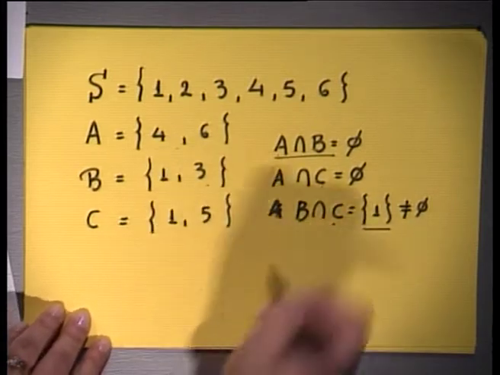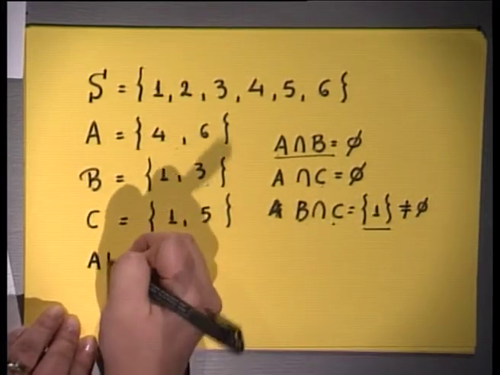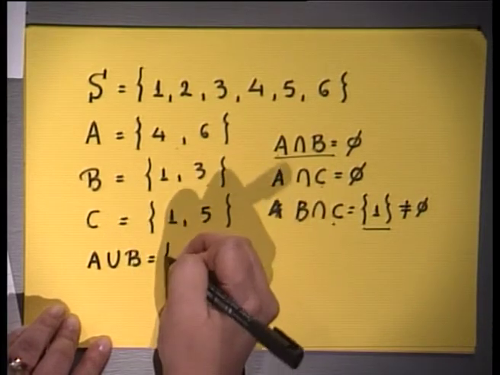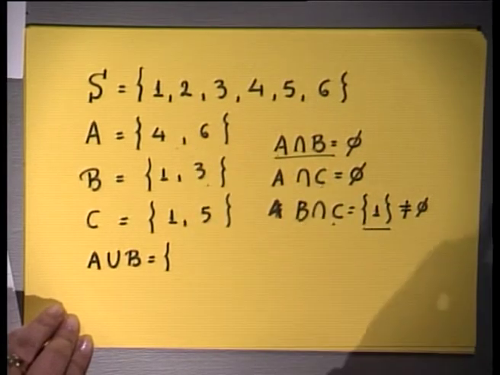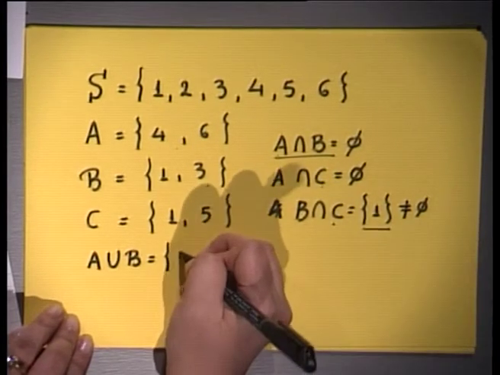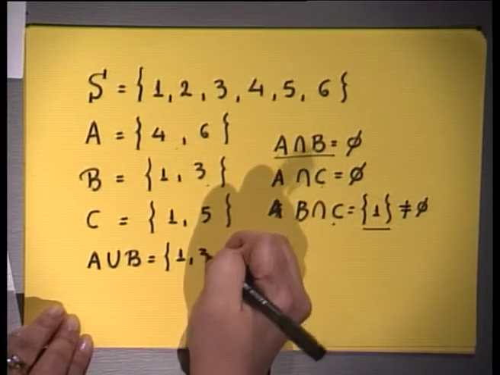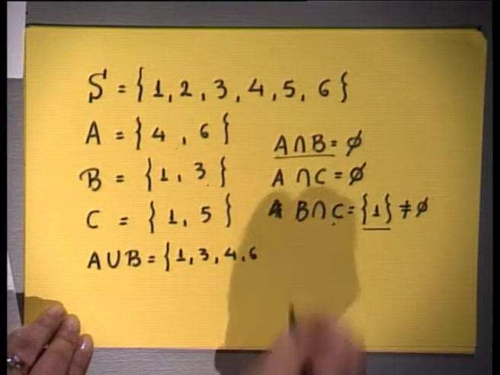The union. The union of A and B will be, if we put all elements together, the set that contains 1, 3, 4, and 6.